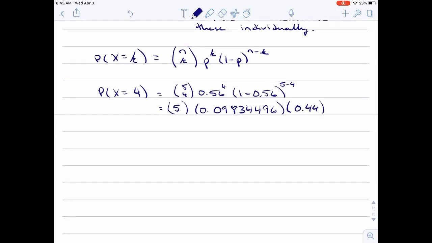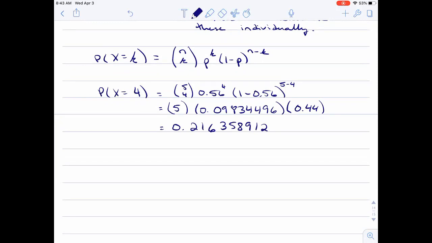Multiply those through, and I get 0.2163589112. That's the probability of exactly 4 weeks of the stocks increasing, if the probability of an increase is 0.56 each week.